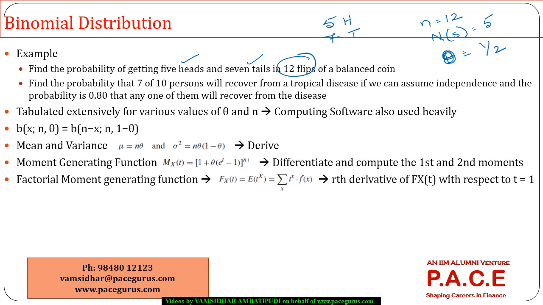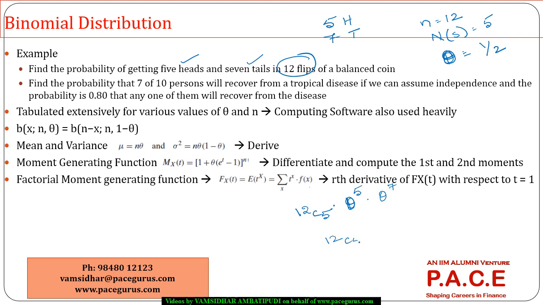So if I have to find out the probability of getting 5 heads, we are saying nCx, 12C5, into theta to the power x, which is getting 5 successes, and 1 minus theta to the power n minus x, 7. So theta is already half.